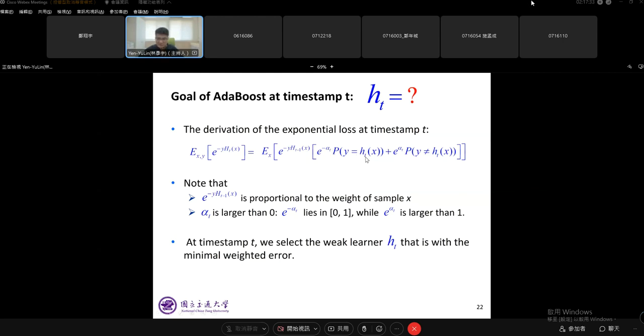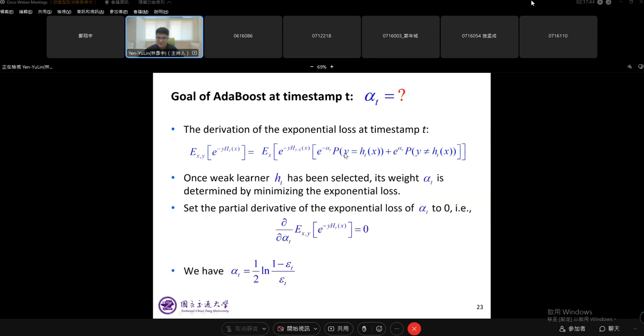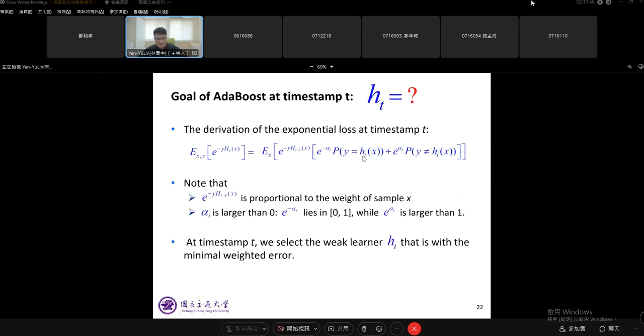Our focus currently is h_t. It is an optimization variable. We can always choose one particular h_t. So let's look at the property of this equation.